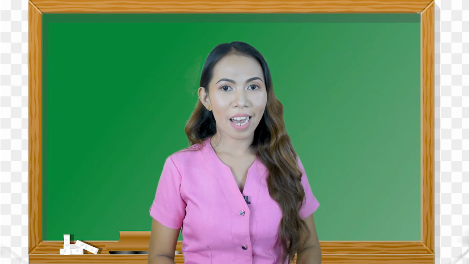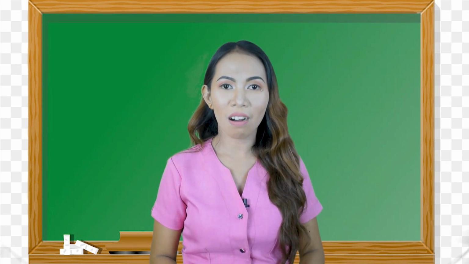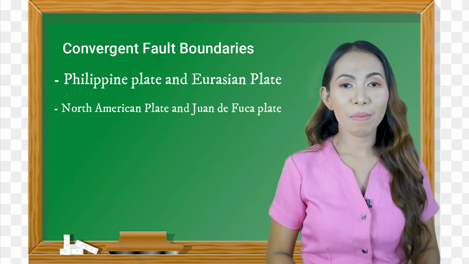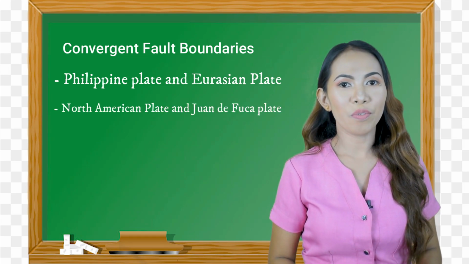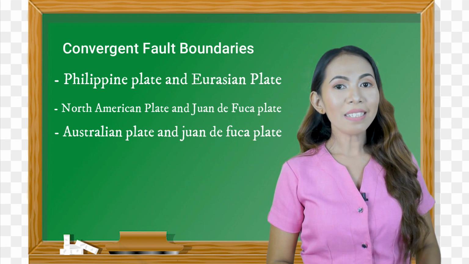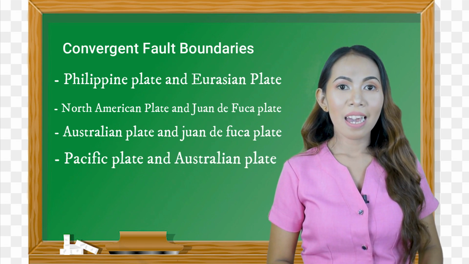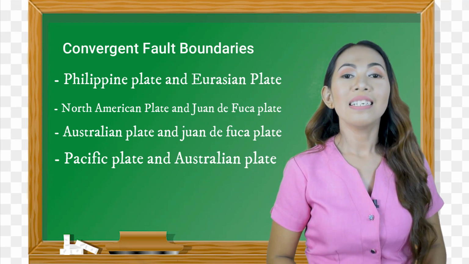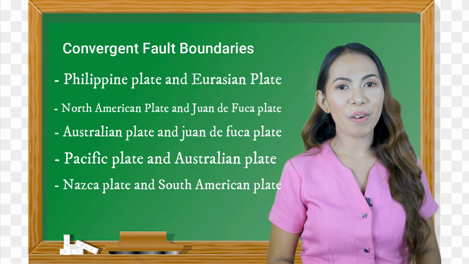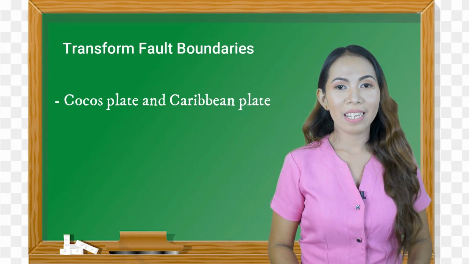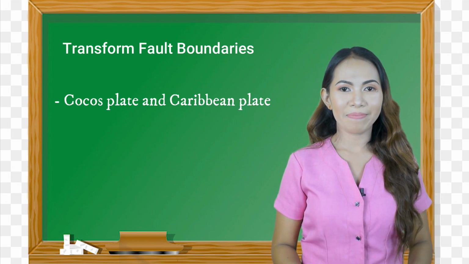The plates that lie on convergent plate boundary are Philippine plate and Eurasian plate, North American plate and Juan de Fuca plate, Australian plate and Juan de Fuca plate, Pacific plate and Australian plate, Nazca plate and South American plate. And the plates that lie on transform fault boundary are Cocos plate and Caribbean plate.